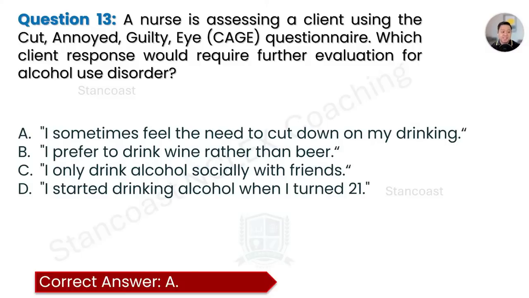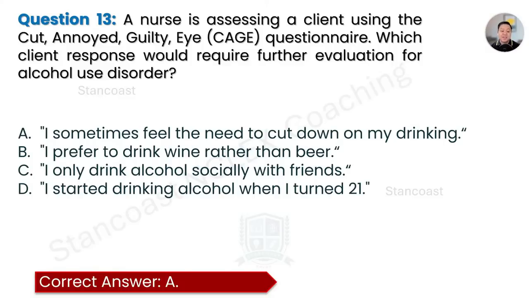Now, letter B is an incorrect option. The type of alcohol consumed does not determine whether someone has an alcohol use disorder. And so this response is unrelated to the CAGE questionnaire's purpose of identifying problematic behaviors or feelings associated with drinking. And you have to eliminate responses that focus on alcohol preference rather than problematic use or emotional impact.